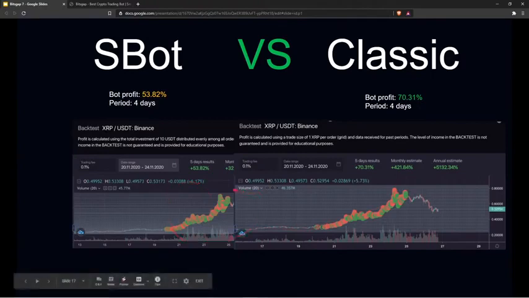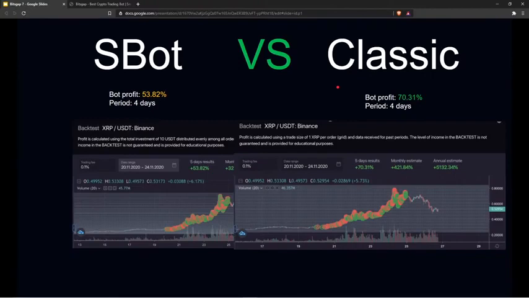They are absolutely identical. But just because the classic bot buys more, it spends more investment, and that means it buys more crypto when the price rises. In this case, you end up having more of the base currency on your balance compared with the S bot, and that's why your return is going to be bigger.